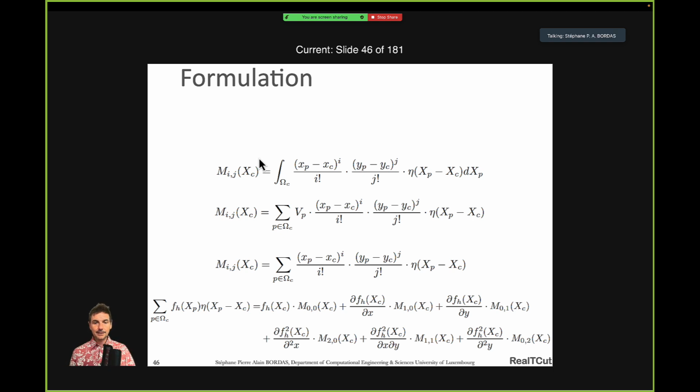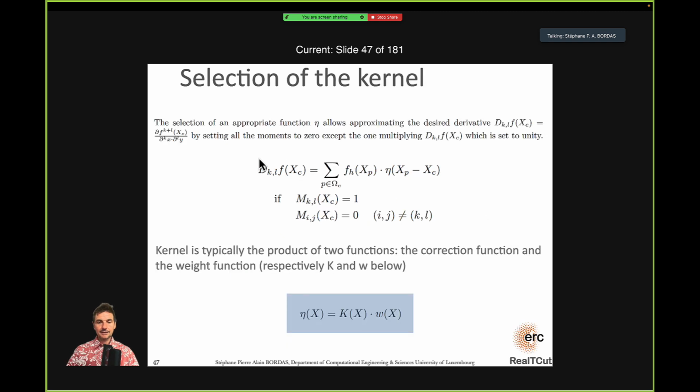Okay, so basically we did exactly the same as before, except that we are now correcting with an integral value, right? So this is the basic idea.